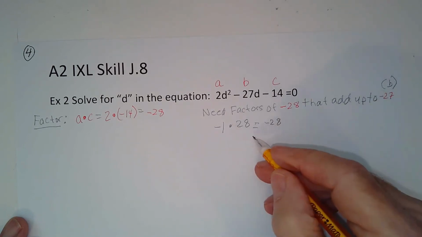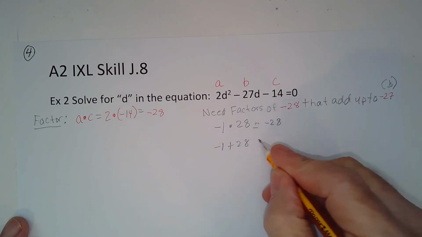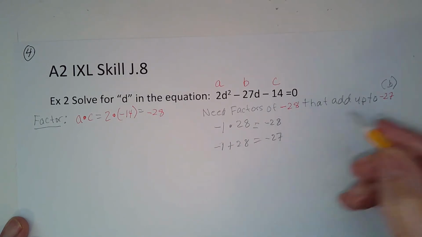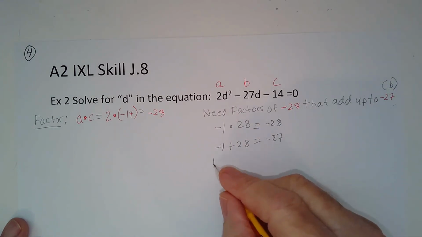And then I'm going to add those two together. So negative 1 plus 28, well, that happens to equal negative 27, which is what b is. So since we know what those are, we know that those are going to be our terms.